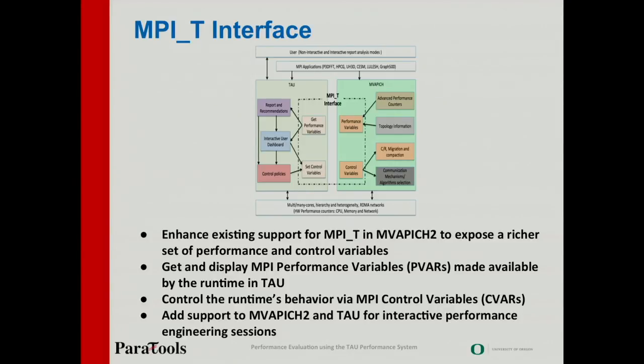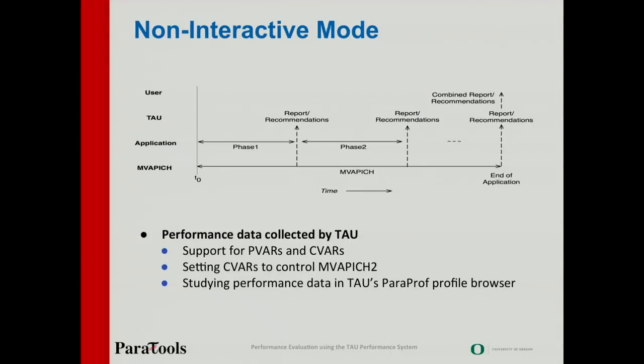But we have just released TAU version 2.25.2 today, and it supports the MVAPICH 2 MPI_T interface in preparation for this talk. So you can download it from our website and check this.